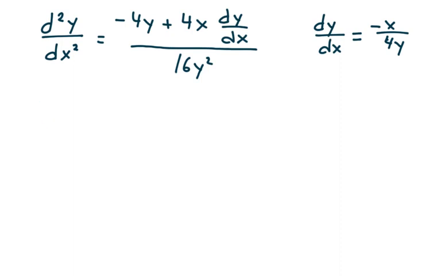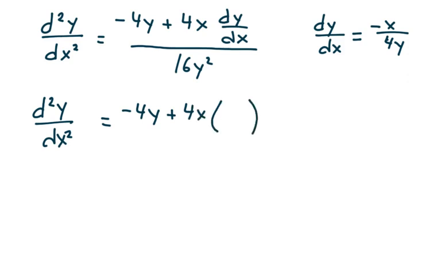So when I write down the second derivative, I get negative 4y plus 4x times negative x over 4y divided by 16y squared.